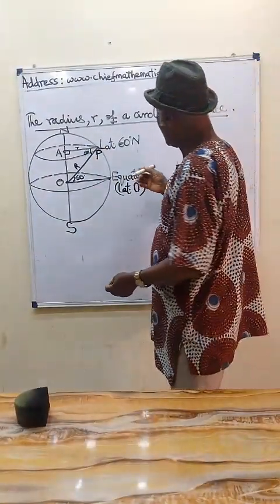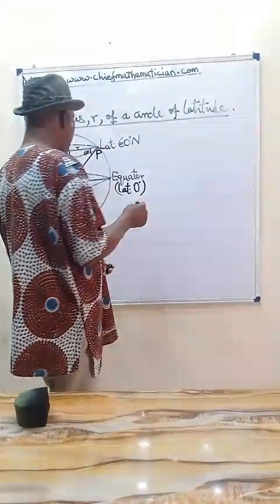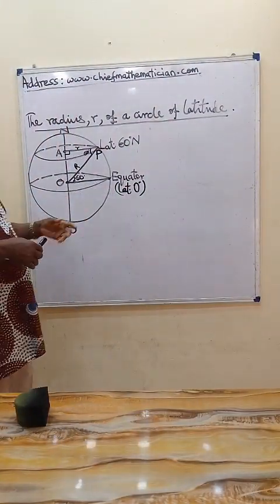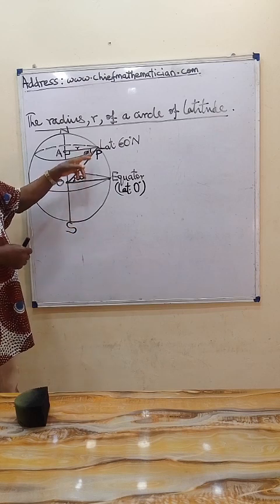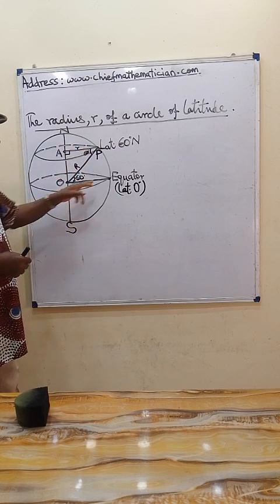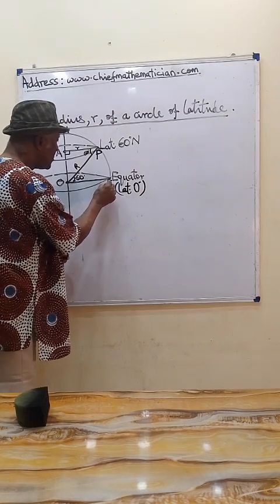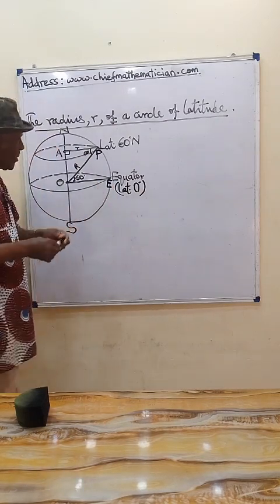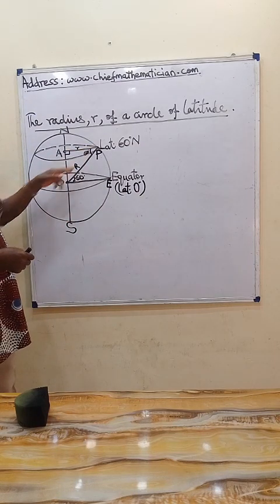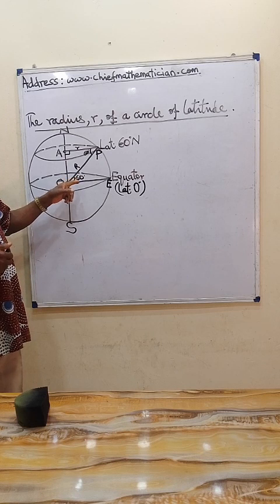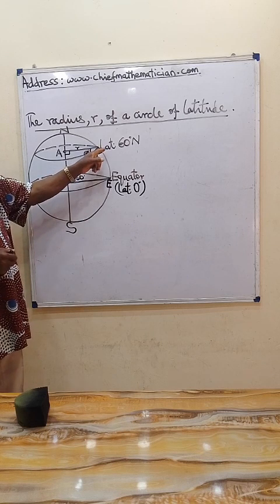Please take note that, let me call this point E, it is angle POE that gives you the name of this circle of latitude.